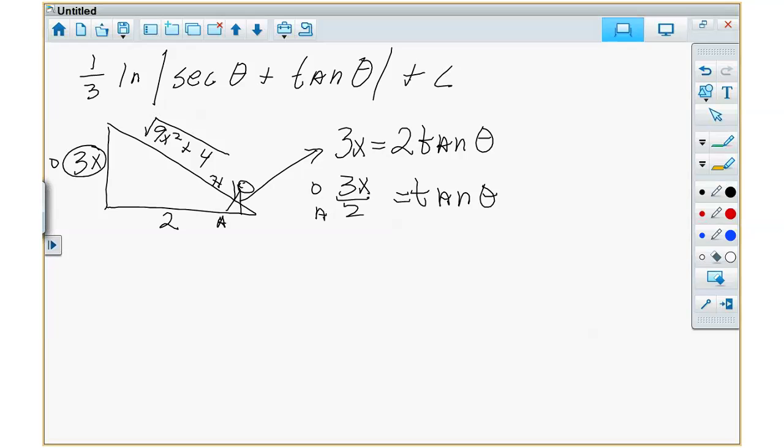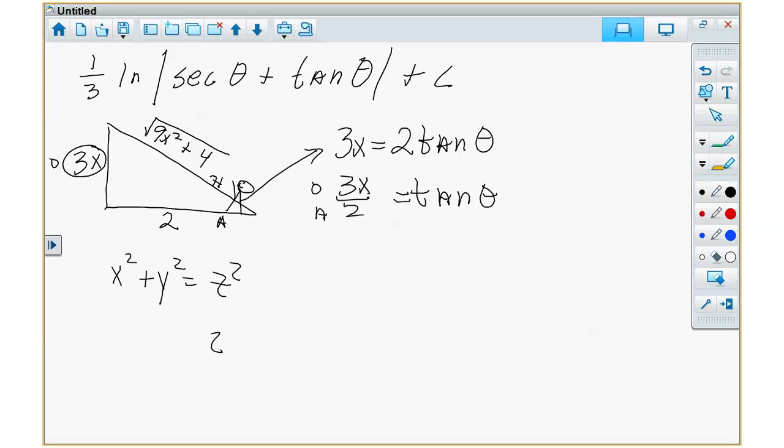So there's your 3x, opposite. Your adjacent is 2. So what's your only other thing left over? Well, you can go back to the original, or you can do x squared plus y squared is equal to z squared. Do your Pythagorean theorem, 3x squared plus 2 squared, and then get the square root.